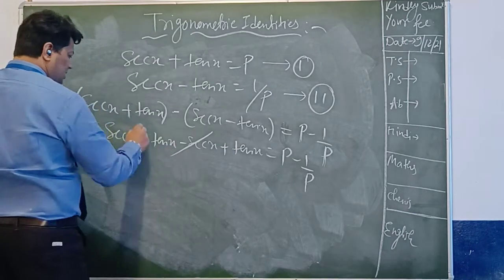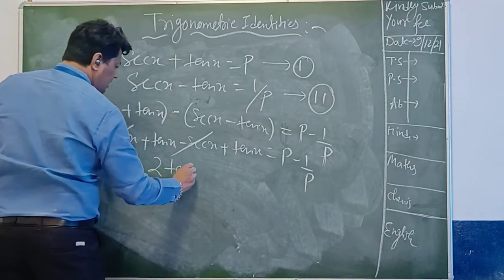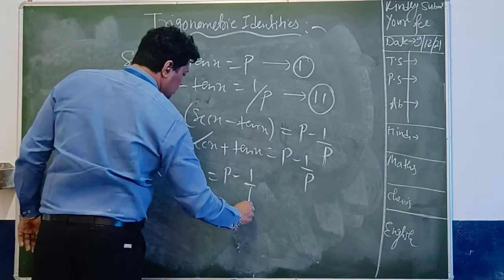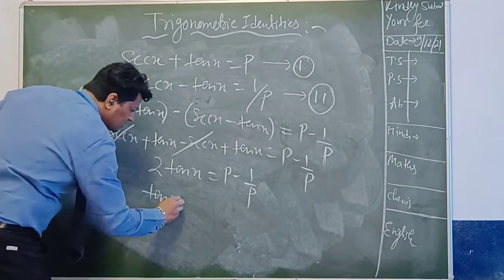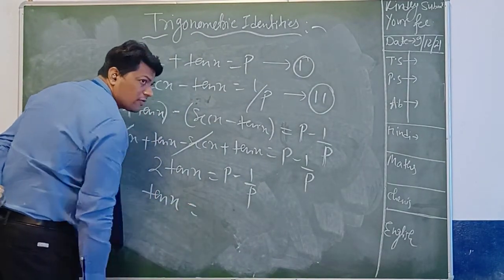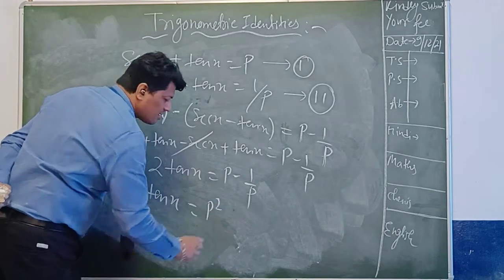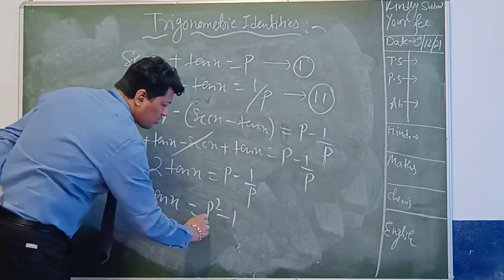Is it clear? 2 tan x equal to p minus 1 upon p. Now tan x equal to p square minus 1 upon 2p.